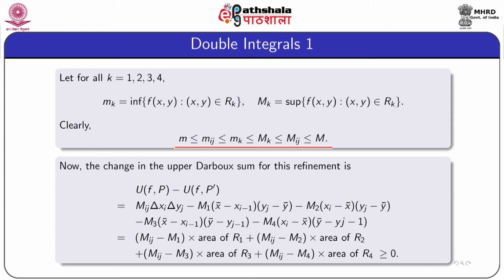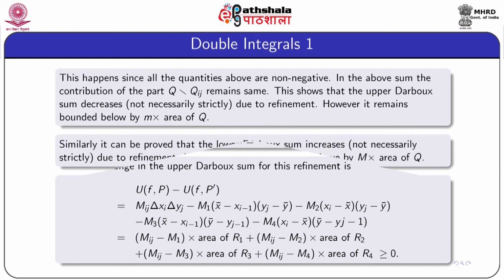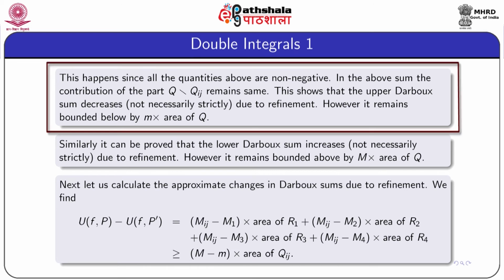Clearly, small m lesser equal to small mij, lesser equal to small mk, lesser equal to capital Mk, lesser equal to capital Mij, and this is lesser equal to capital M. Now, we calculate the change in the upper Darboux sum for this refinement, and we find that U(f,P) minus U(f,P dash) happens to be (Mij minus M1) times area of R1 plus 3 similar terms, which is obviously non-negative, as all the quantities above are non-negative.